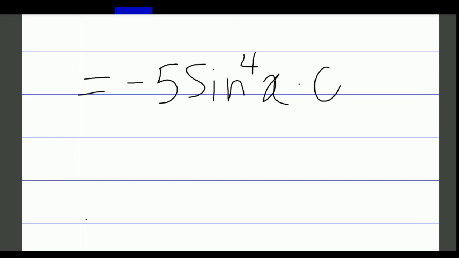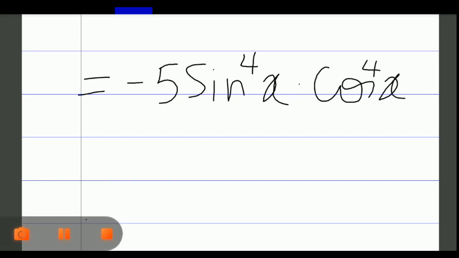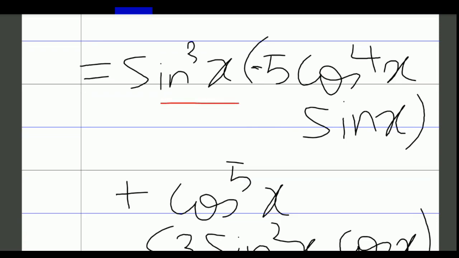Now simplifying that, we will get minus 5 sin raised to 4x into cos raised to 4x. As you can see here, sin cube x and sin x become sin raised to 4x, and minus 5 and cos raised to 4x.